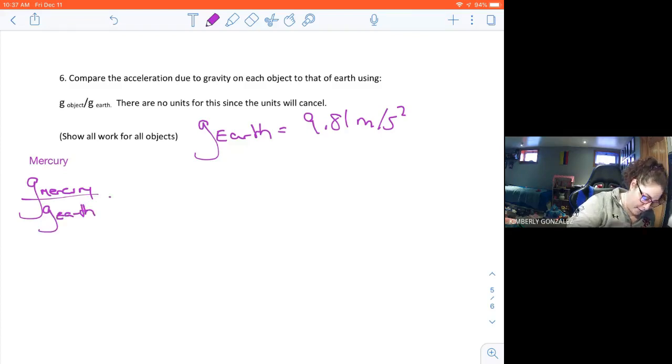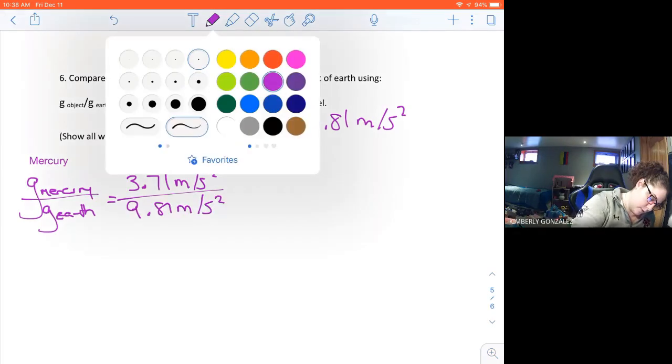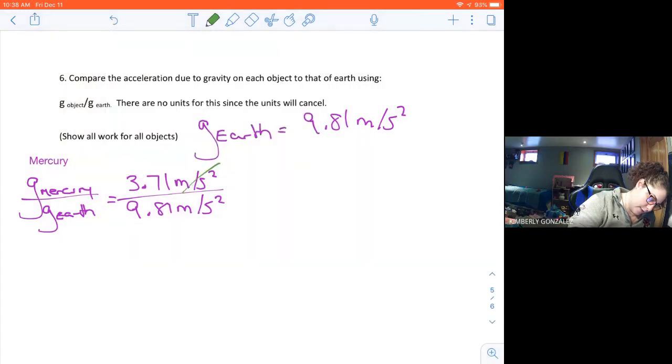What we all should have found is the gravity for Mercury is 3.71 meters per second squared, and the gravity on Earth is 9.81 meters per second squared. So meters per second squared cancels, and I am left with 3.71 divided by 9.81.